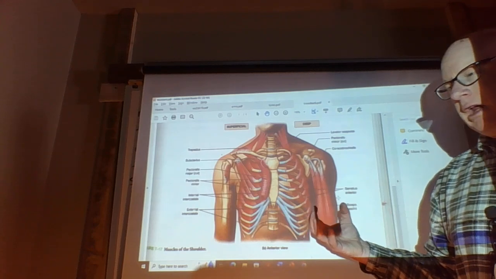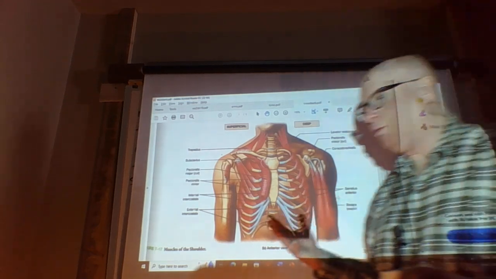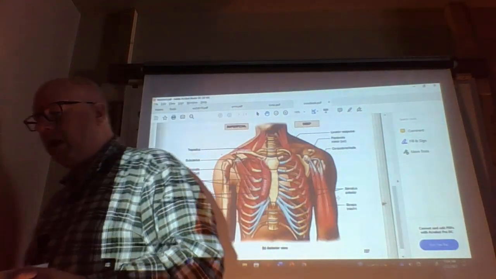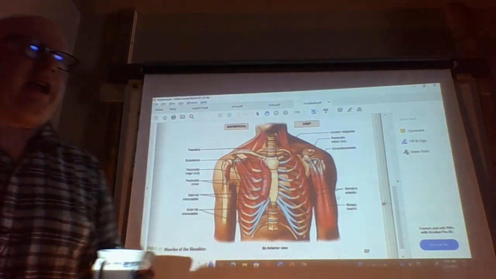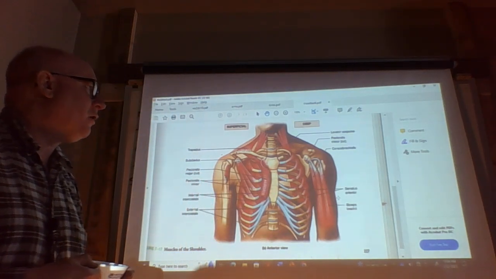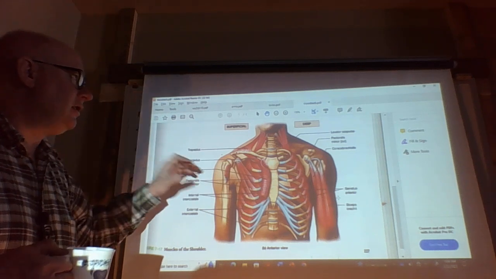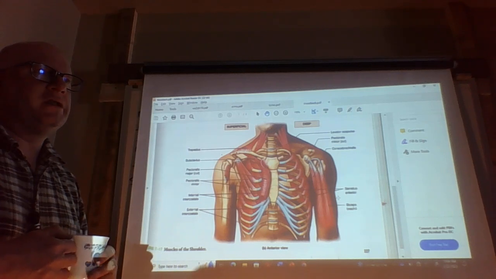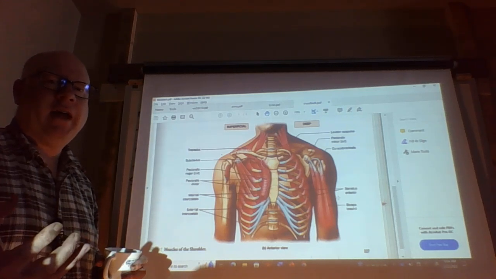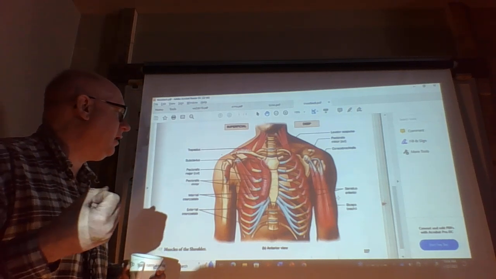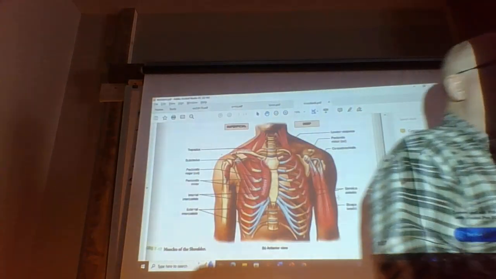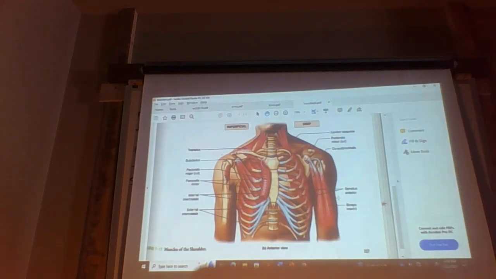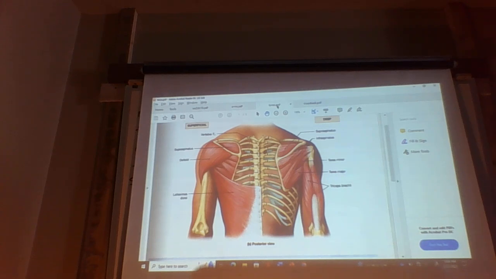Humans are bipedal, walking on two legs, while dogs, cats, cattle, sheep, and pigs are quadrupedal, walking on four legs, so the movements in the shoulder are much different than in humans. Let's move to a deeper tissue side, and I think this is the back.